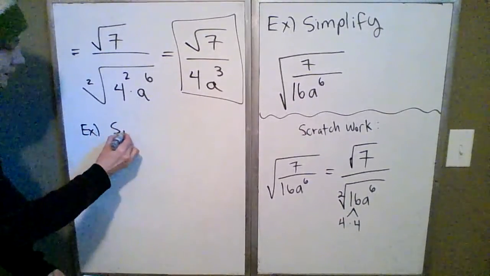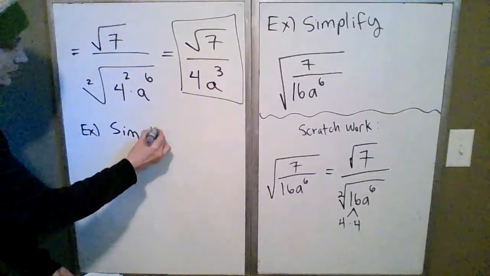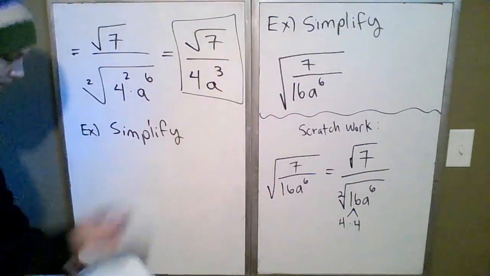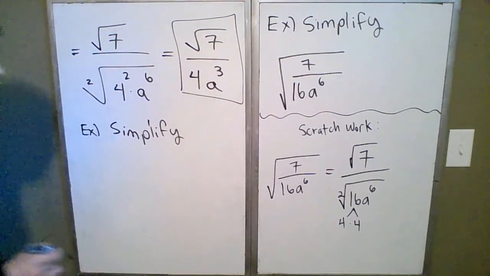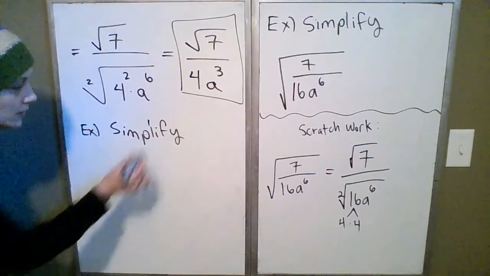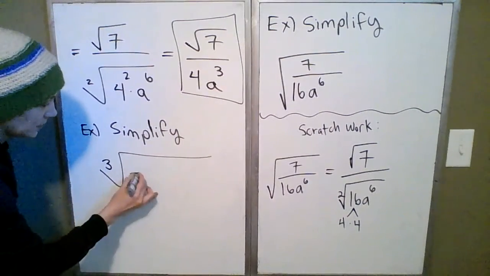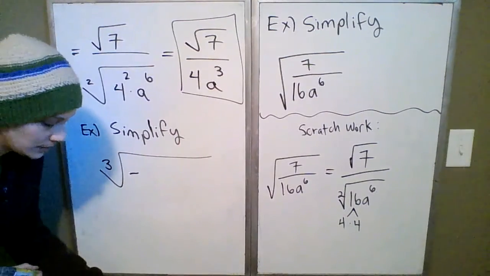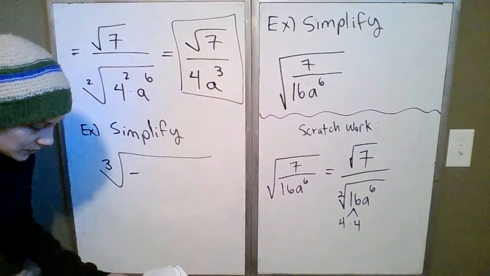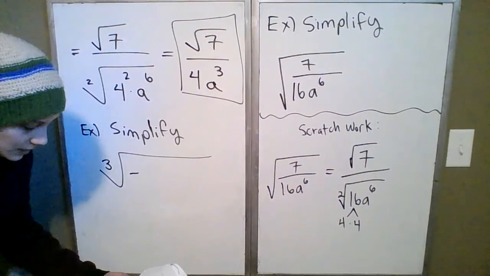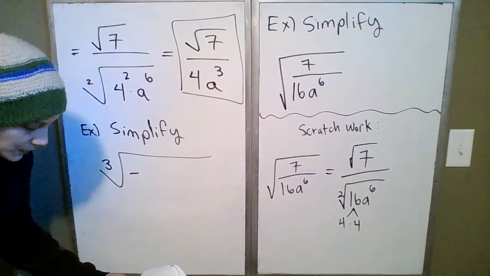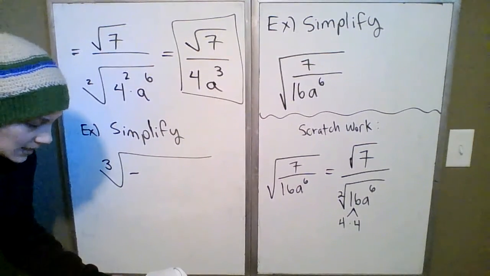Let's do this one. It's a cubed root of a negative number. It's negative. Let's just go with a to this.